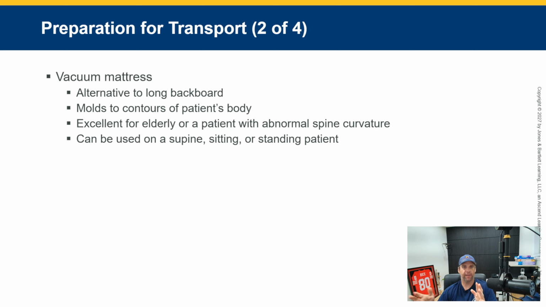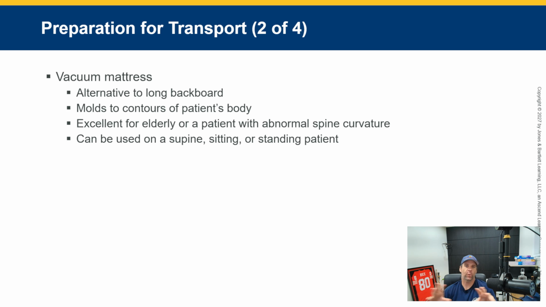You position the patient on it. The mattress itself is molded around the body as the air is removed, and this again makes it a firm, solid foundation where the patient is locked into place. It allows the patient to be in a neutral position where the mattress and the beads fit the contours of the body, right?